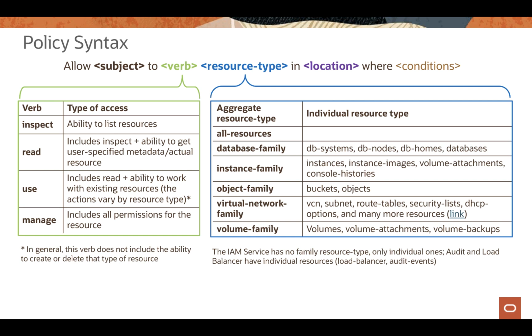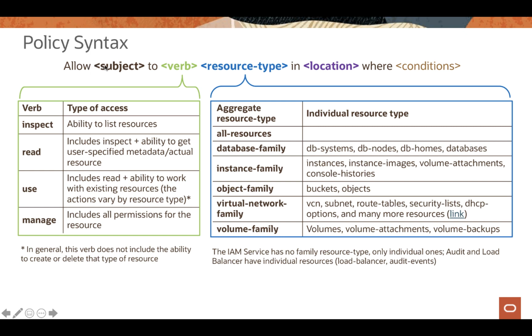If you have not seen it, I would encourage you to watch that series first, because they go into IAM policy basics in a deeper manner. But I'll summarize here. The policy syntax starts with allow, and you can put more than one space, or you can break up the line, it does not matter.